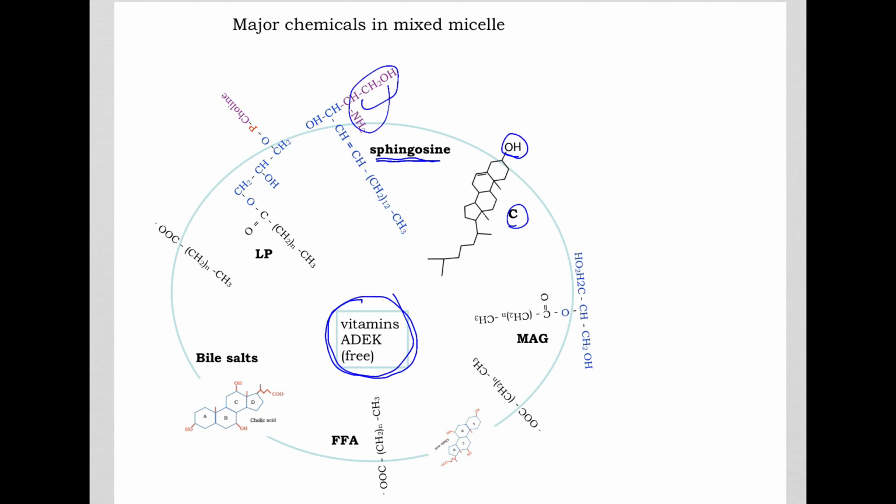There might be a little bit of monoacylglycerol that was not completely digested, and you can see the nice head group here. A lot of fatty acids with the ionized carboxyl on the surface, the detergent bile salts, as well as lysophospholipids containing the head groups on the surface. So this is what we will have now close to the enterocytes, these mixed micelles containing all of these lipids.